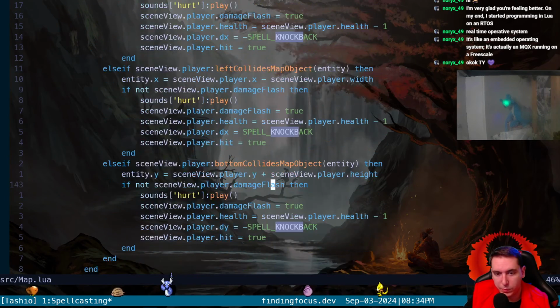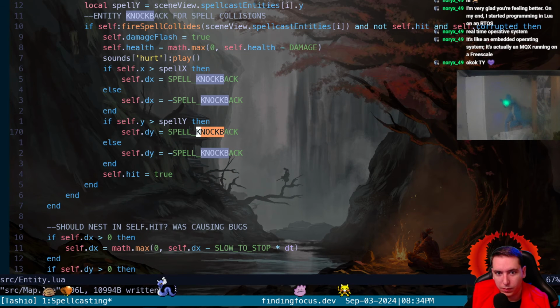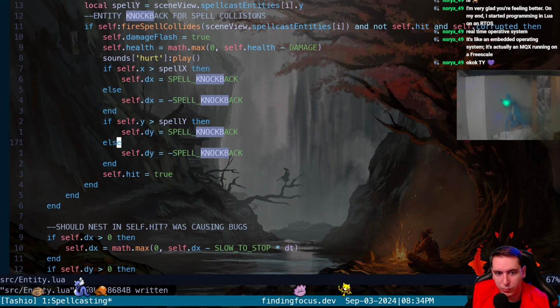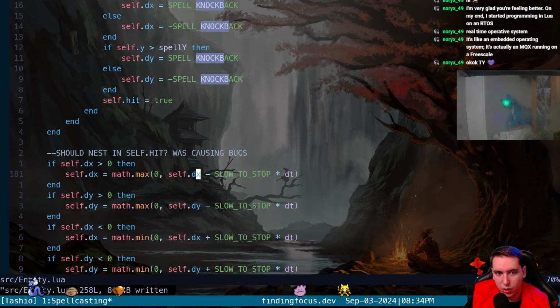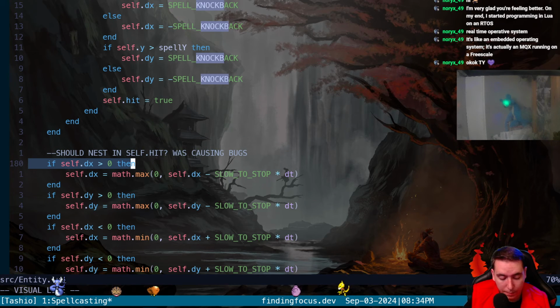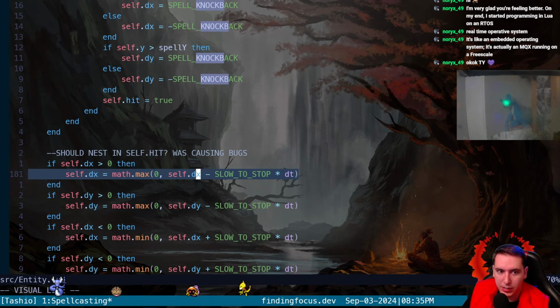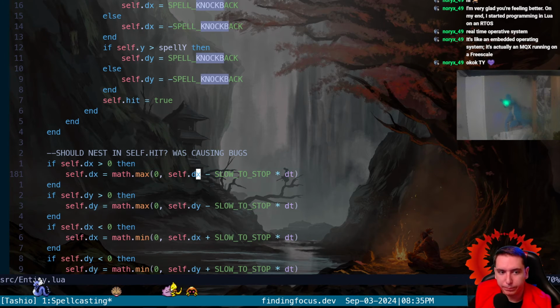So we change our spell knockback to be 1. That means when we get hit, it is a +1. And then we're going to slow to a stop if we have a non-zero velocity. We're going to change that velocity to become 0 over the course of time by modifying it closer and closer to 0 over time.